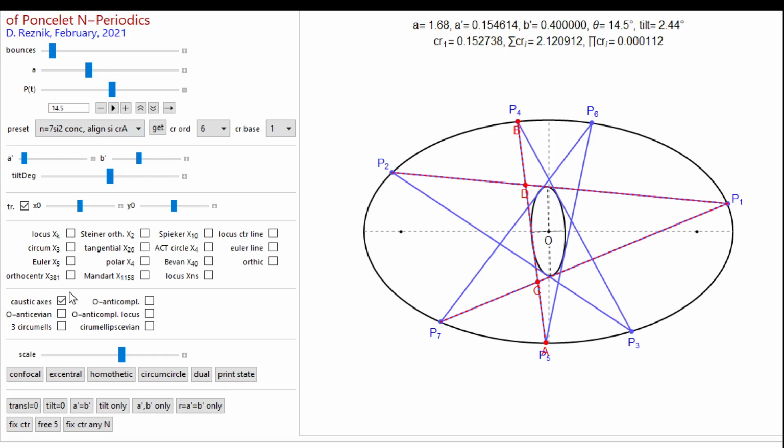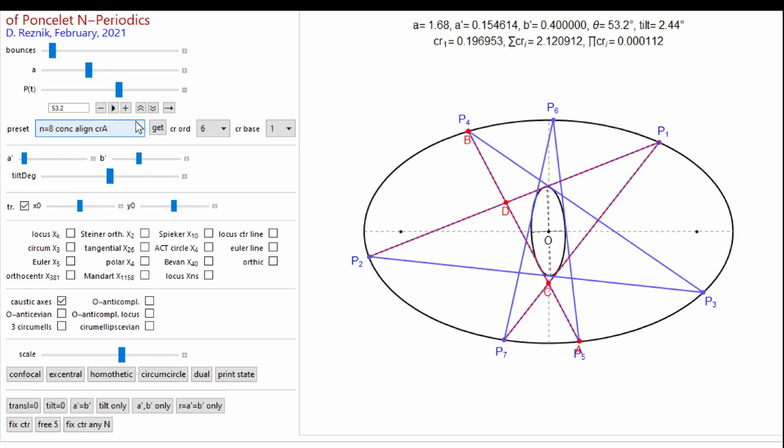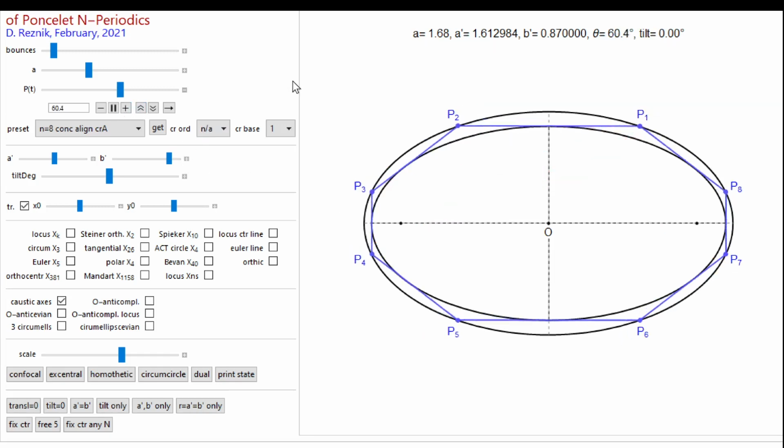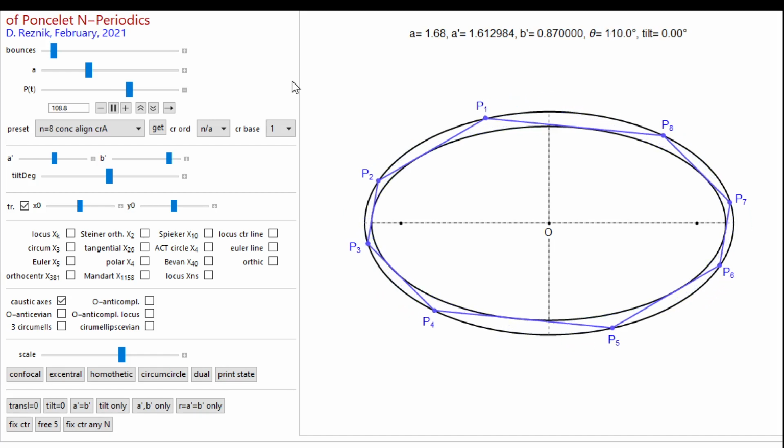We're going to go n equals 8. There's n equals 8. And for this particular case, I just chose the concentric axis aligned case. This is an n equals 8 family. Let's watch it. 8 vertices, very symmetric. There are some nice properties to it. There are some symmetries when everything is axis symmetric like this.